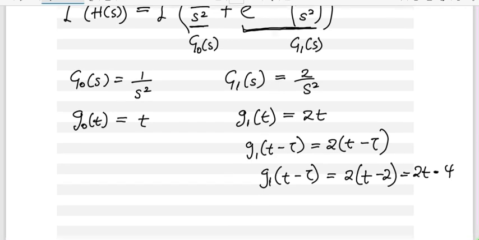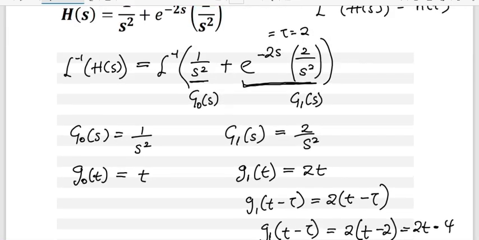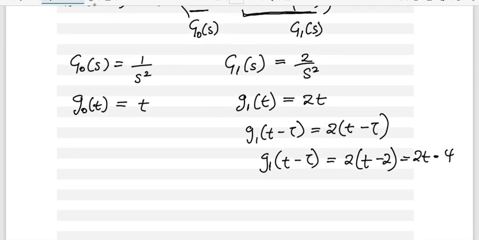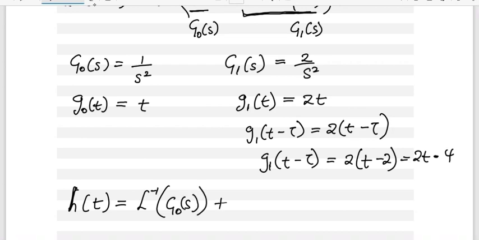Now let's apply the theorem that we've already learned. That means our h(t), which is the Laplace inverse of H(s), will just give us the Laplace inverse of our G naught(s) plus the Laplace inverse of exponential negative 2s times our G1(s).